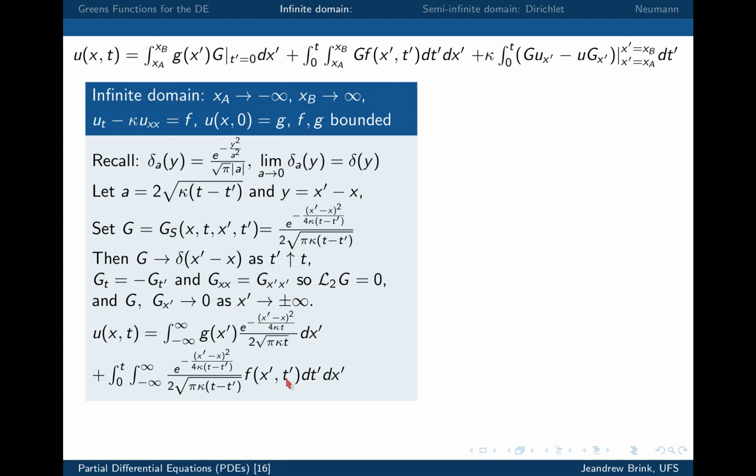So this is now our solution on the infinite domain, and all we have to do to write down the answer is, given G and F, construct or do these integrals.